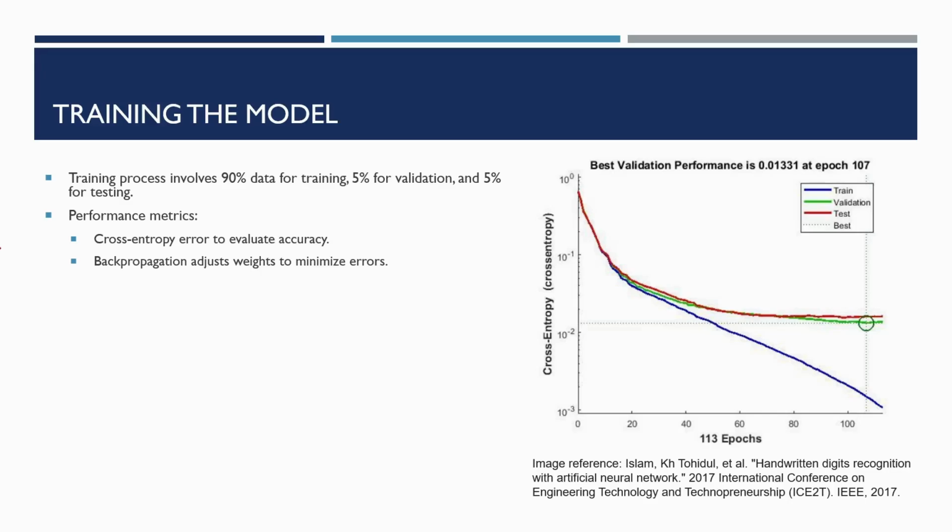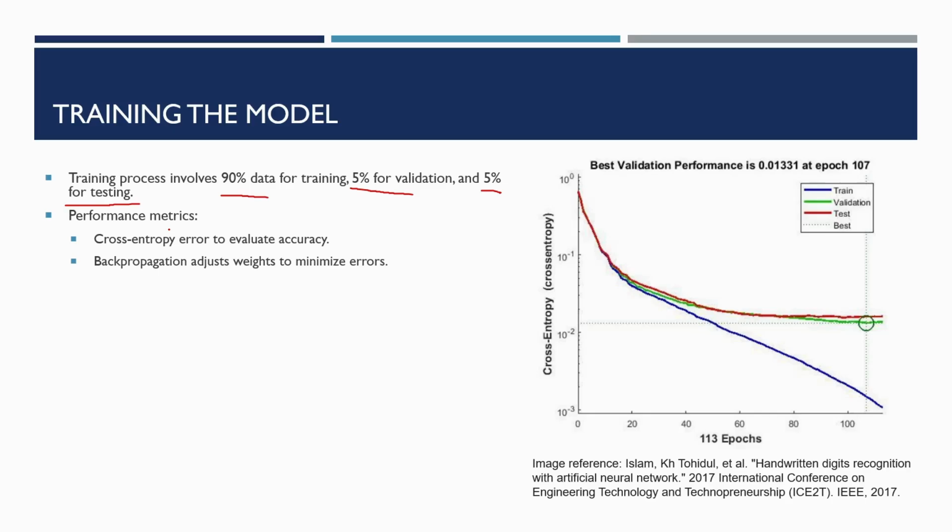Now the training, the author divided their dataset to avoid overfitting. So the training process involves 90% of the data used for training, 5% for validation and 5% for testing. Those who are familiar with the basics of neural networks understand that this training, validation and testing is very important for calculating the performance metrics.